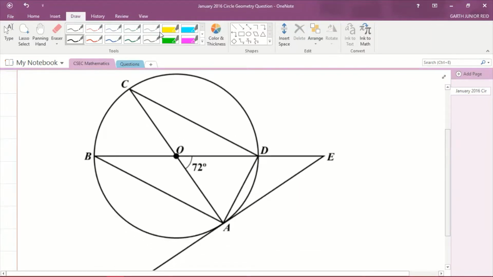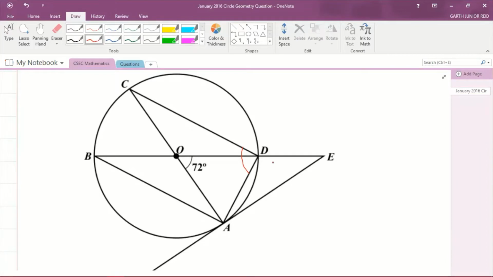Let us look at where that angle is. So here we have A, D, then C. We're talking about all of this angle right here, all of that angle in red. Now, what do you think that angle is?